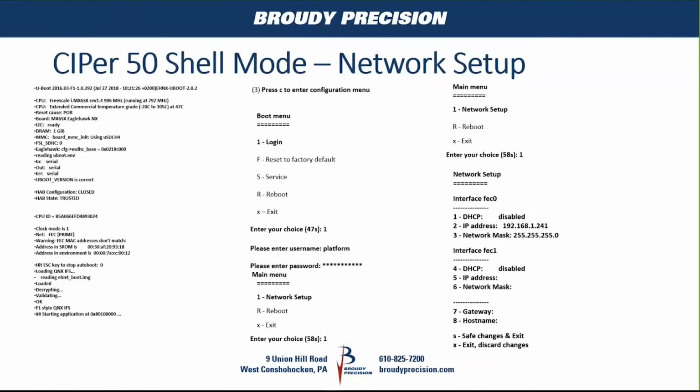That's what you get to do once you log in. Network setup gives you the ability to configure the primary port and the secondary port, turn DHCP on or off, and set the IP address, the network mask, the gateway and host name. Those are the options that you have for your network setup.